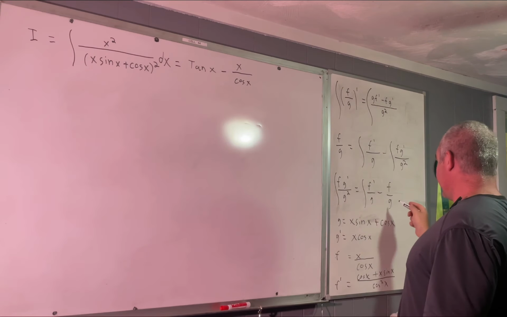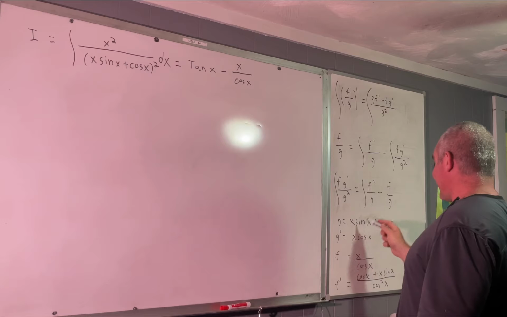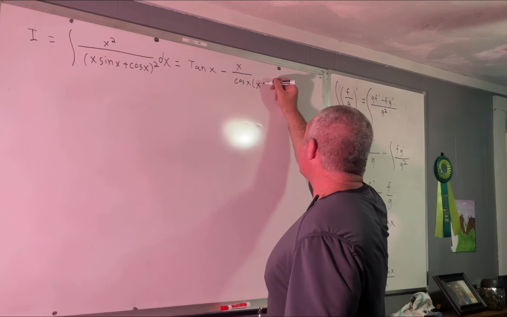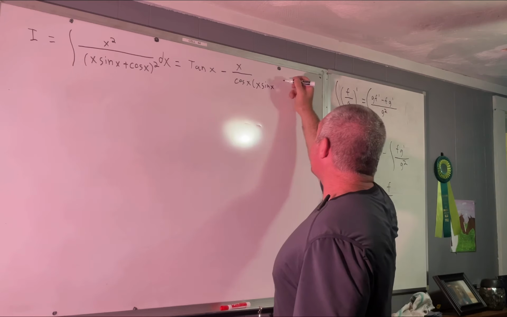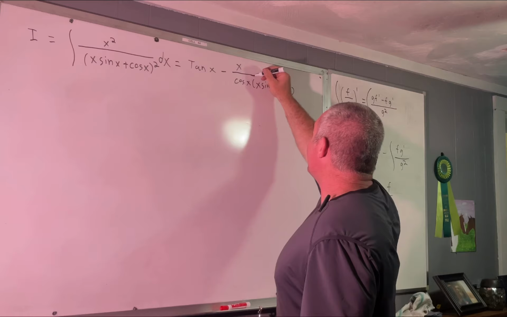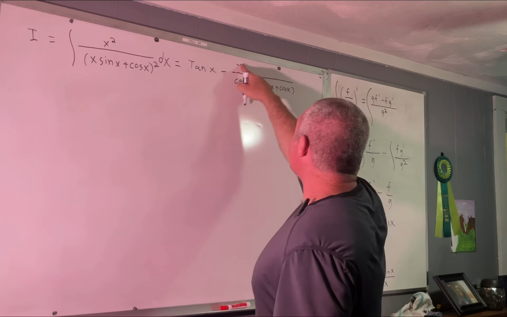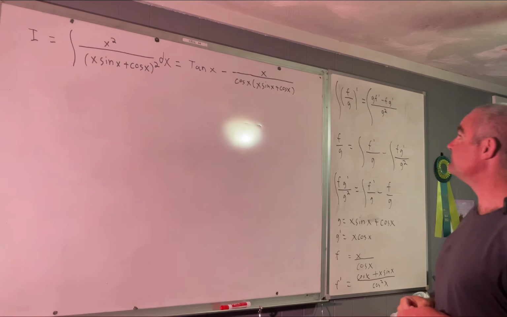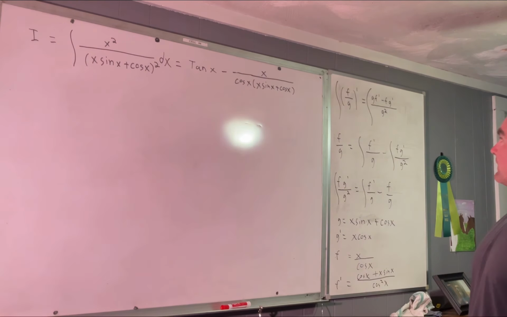And then that's f divided by g, and our g is x sine x plus cosine x. And let me move this x right here, and we're done, right? That's it. That's the answer. No, it isn't.